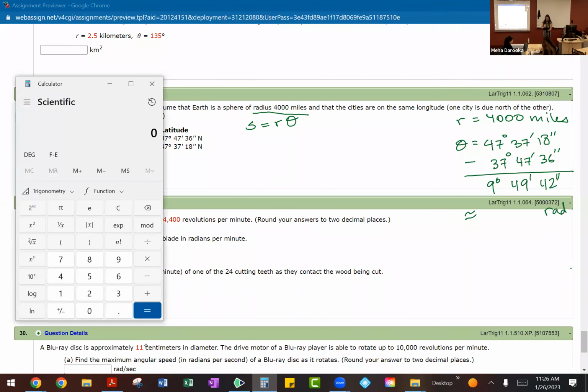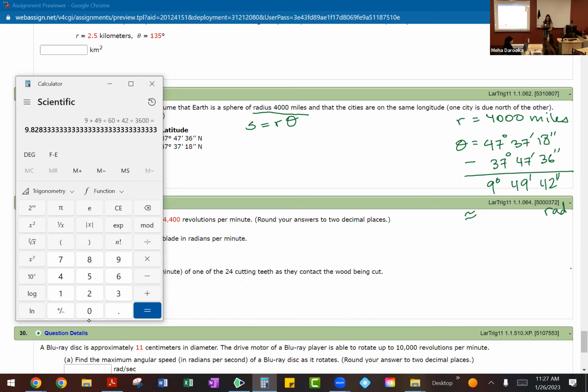So back to scientific, we have 9 plus 49 over 60 plus 42 over 3600.